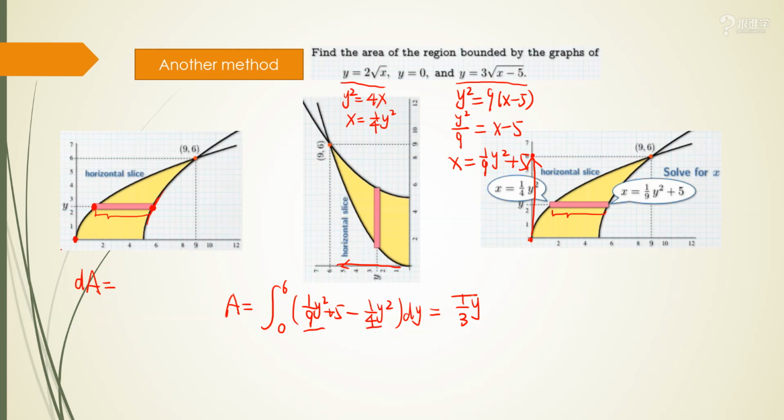I'm sorry, I'm going to rub off this part. Let's firstly collect the terms. Because y squared can be collected, 1/9 minus 1/4 is going to give you negative 5/36 y squared plus 5, dy from 0 to 6, and we may factor out 5/36.